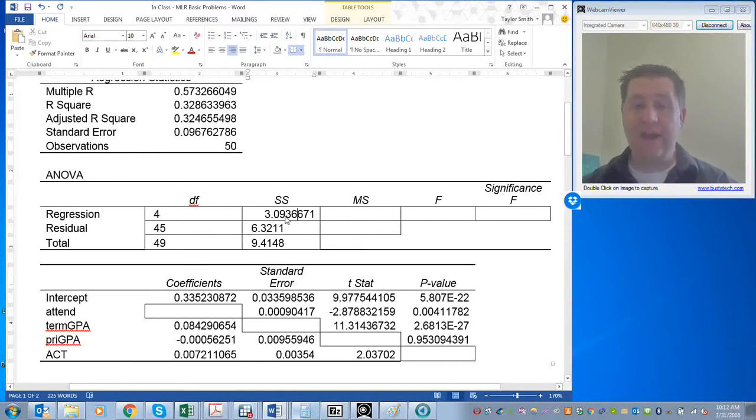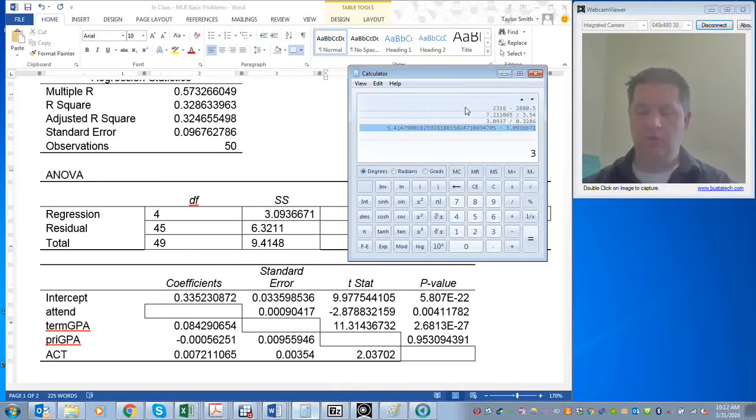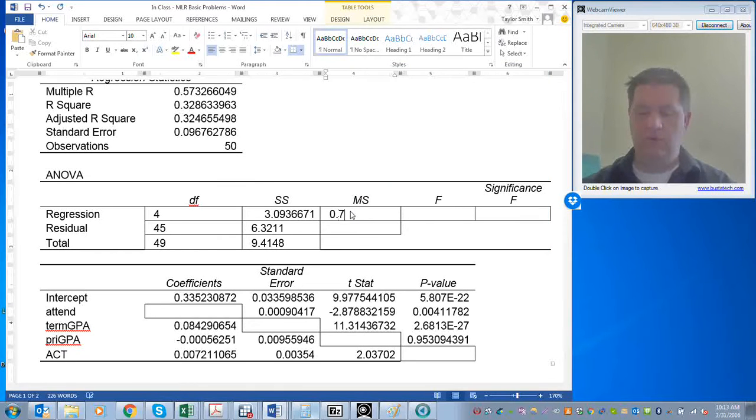Now that we have that, we can fill out the rest of the chart pretty easily. Your MSR is just your SSR divided by K, so 3.09366671 divided by 4. Use our calculator to do that. We get 0.7734.